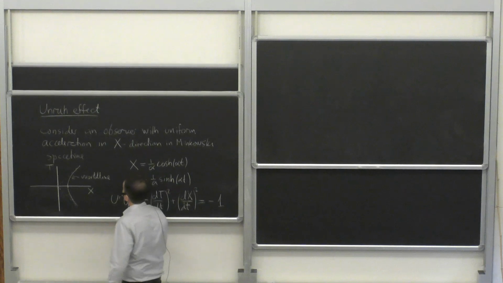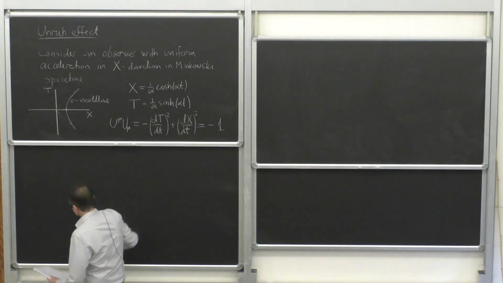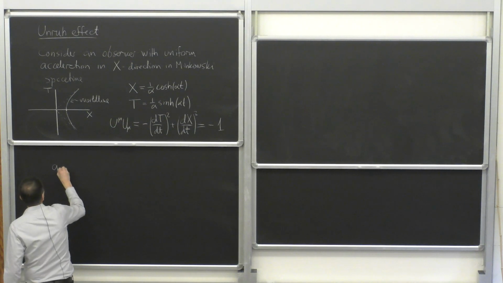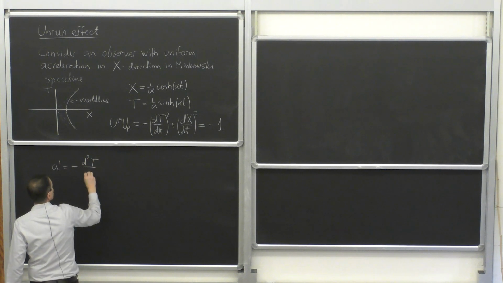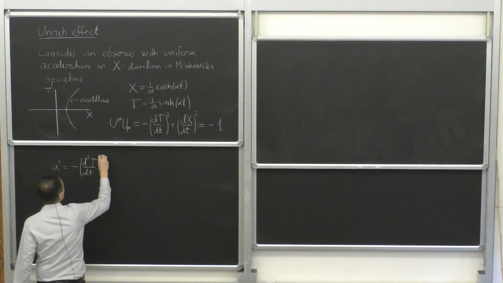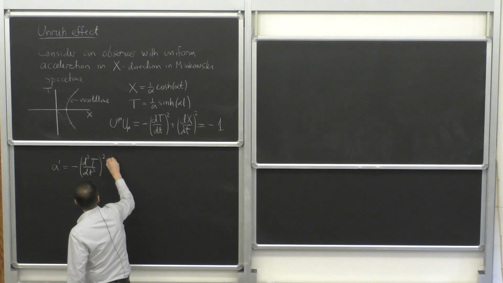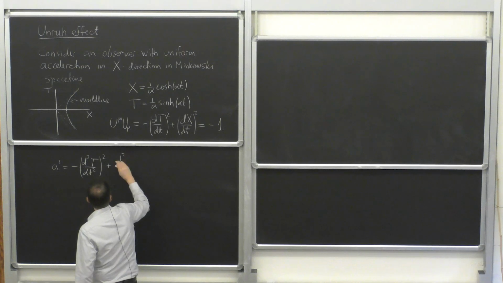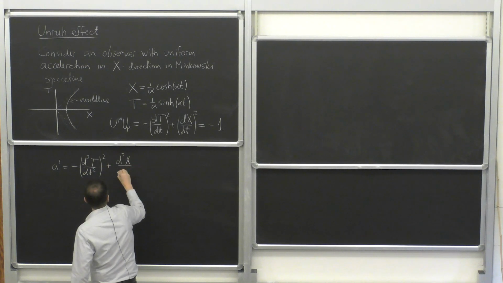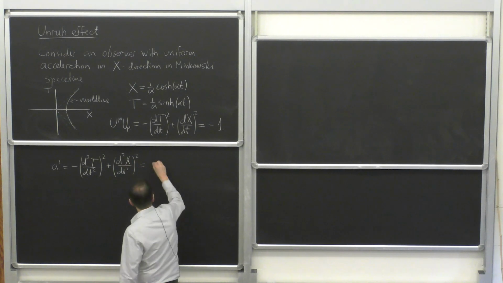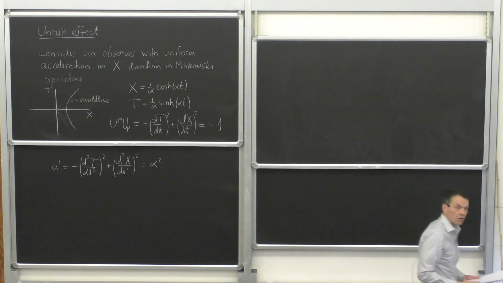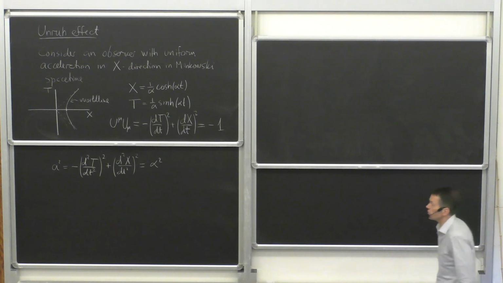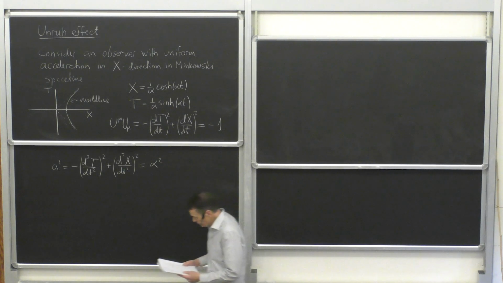And then we can also calculate the proper acceleration squared, and not surprisingly, this is alpha squared. So alpha is the magnitude of the acceleration, and this is the acceleration that the observer will feel in their own rest frame. Okay?